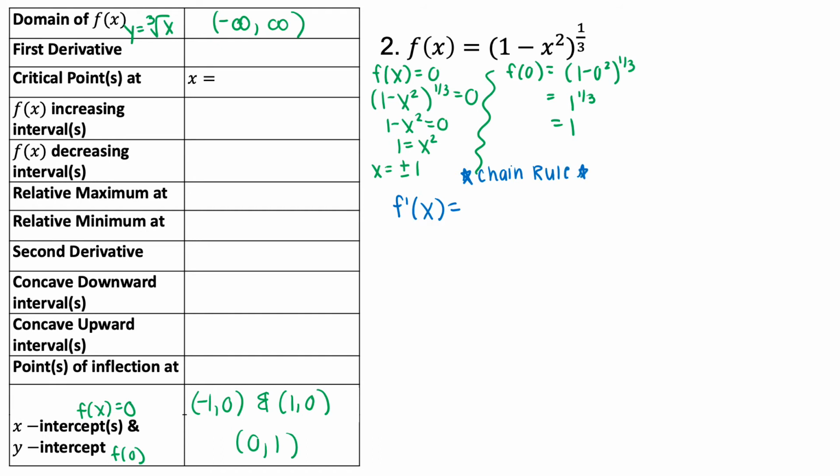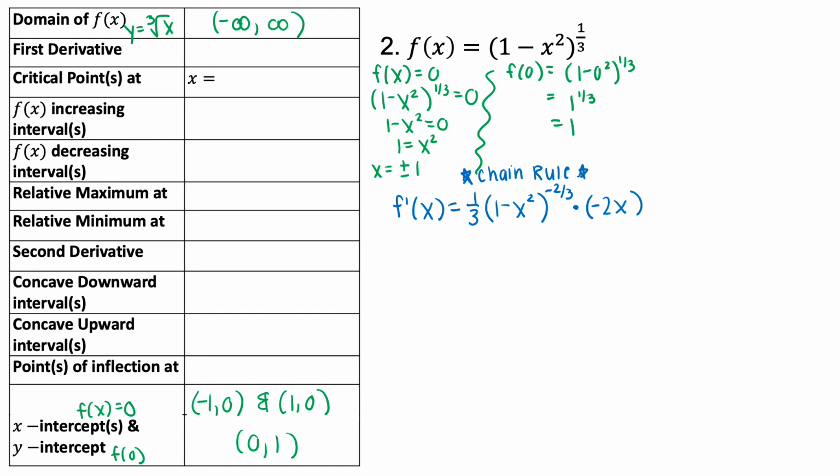So we're going to start by taking the derivative of that outside function, using the power rule to bring that 1/3 to the front, leaving the inside the same, and making the exponent 1 less. So 1/3 minus 3/3 is negative 2/3. And then don't forget to use the chain rule to multiply by the derivative of the inside. The derivative of 1 minus x squared is just going to be negative 2x.